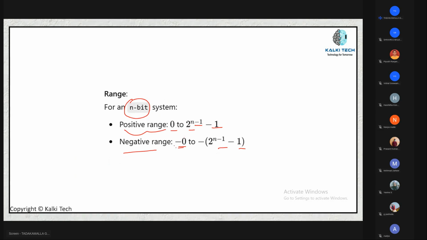In signed magnitude representation, we have plus 0 and minus 0. There are two representations of 0. So please remember the range: 0 to 2 power n minus 1 minus 1 for positive numbers, and minus 0 to minus 2 power n minus 1 minus 1 for negative numbers.